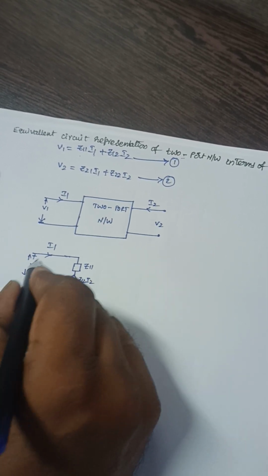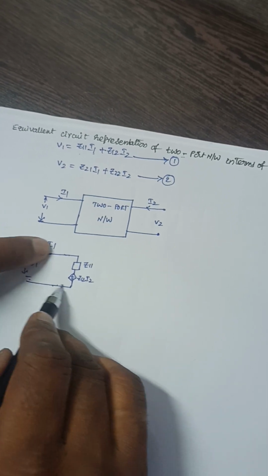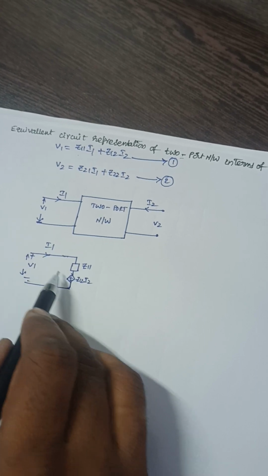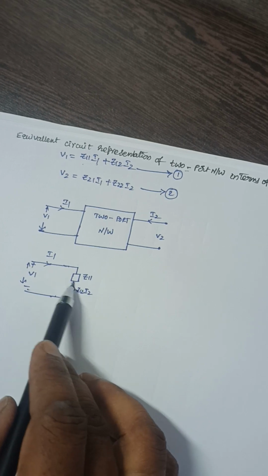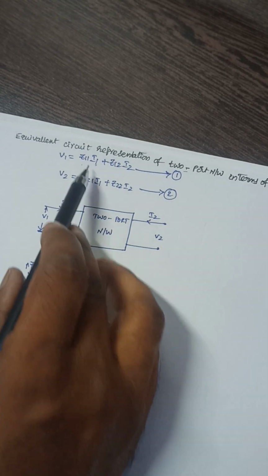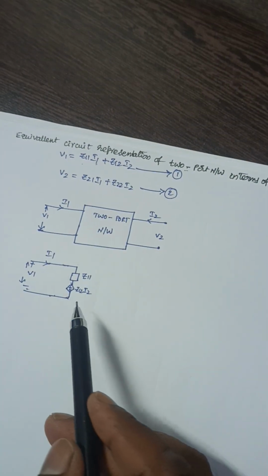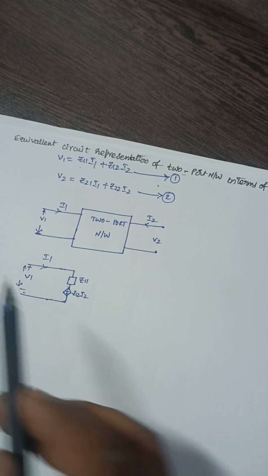If I apply KVL for this loop here, V1 is equal to this voltage plus this voltage. So V1 is equal to the current into the impedance, Z11 into I1, plus this voltage Z12 into I2. That means equation number 1 will satisfy this network.